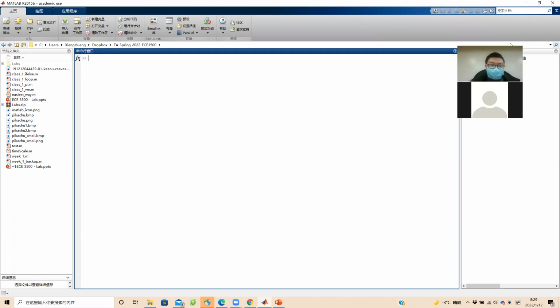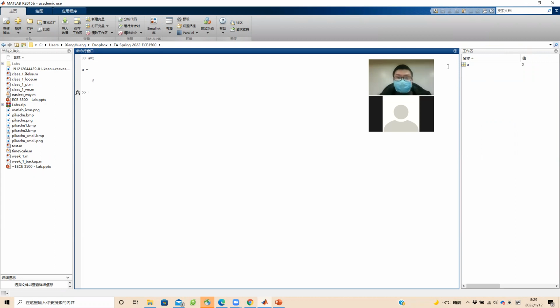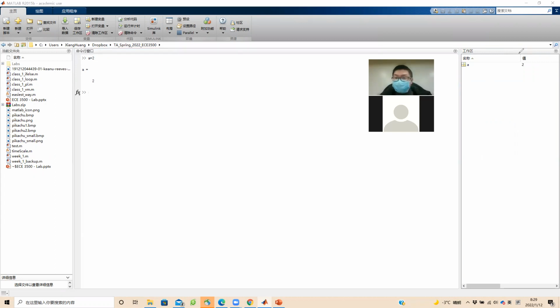For example, if you type A equals 2, it means you assign the value 2 to the variable A. Okay, you can see A has been stored into the workspace.